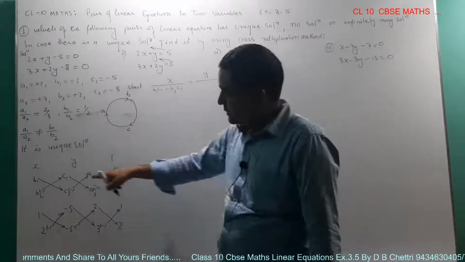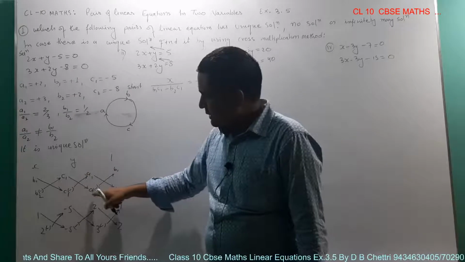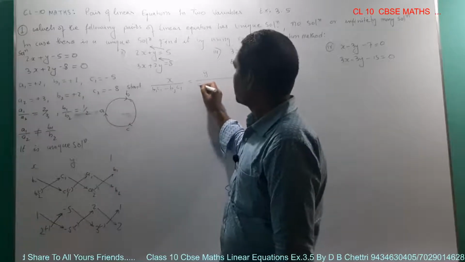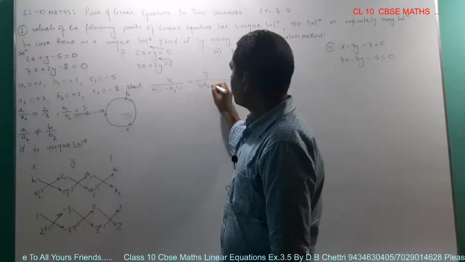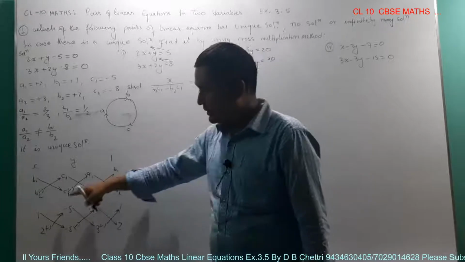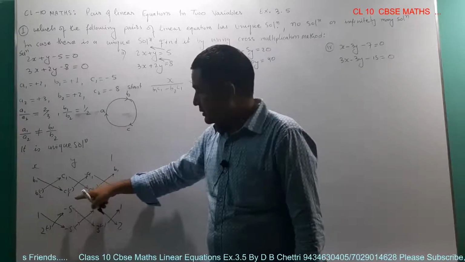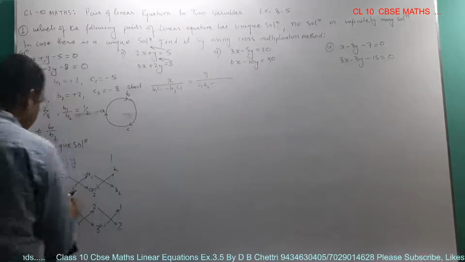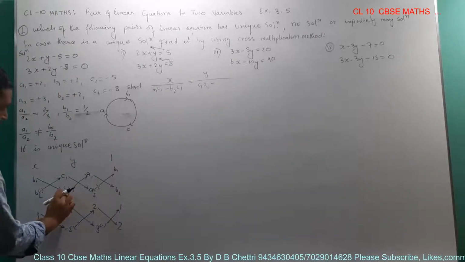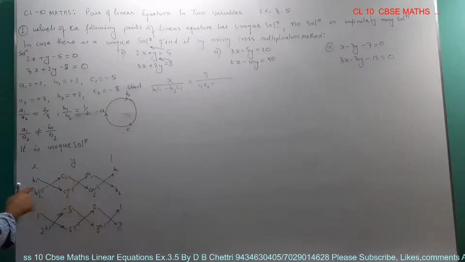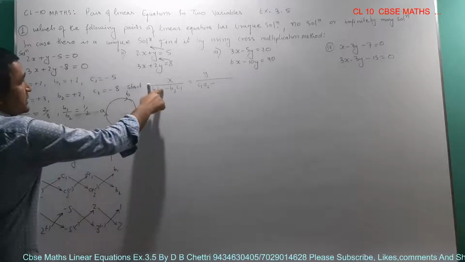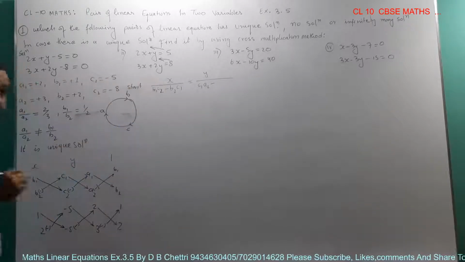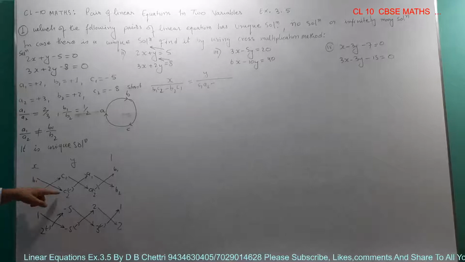Equals to, the next variable is y, then c1 multiply a2. Then put the minus sign before multiplying the other pair. This is c2, that means b1 multiply c2. I made a mistake here: it is b1 multiply c2.